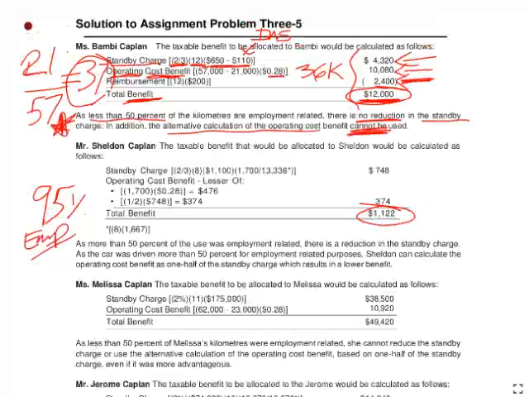So let's look at Sheldon. The operating charge is going to be the 2/3. We are going to just use the lease payment. There's no insurance to worry about. But what about this 8? It says at the very end that the car is available to Sheldon for 8 months during the current year.